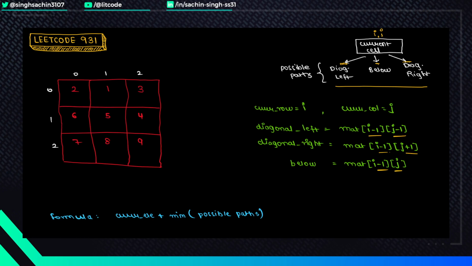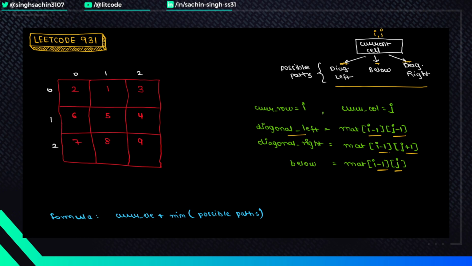For example, diagonal left will be the notation i minus 1, j minus 1. Similarly, right will be i minus 1, j plus 1, and below will be i minus 1, j.